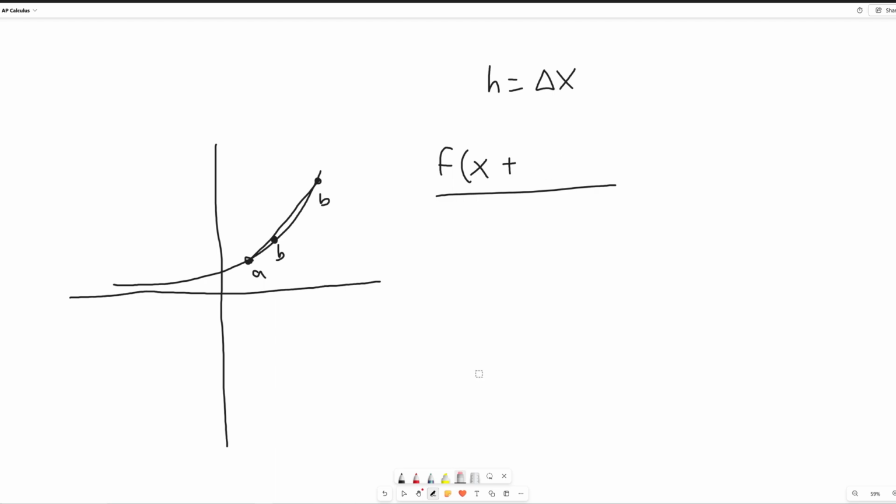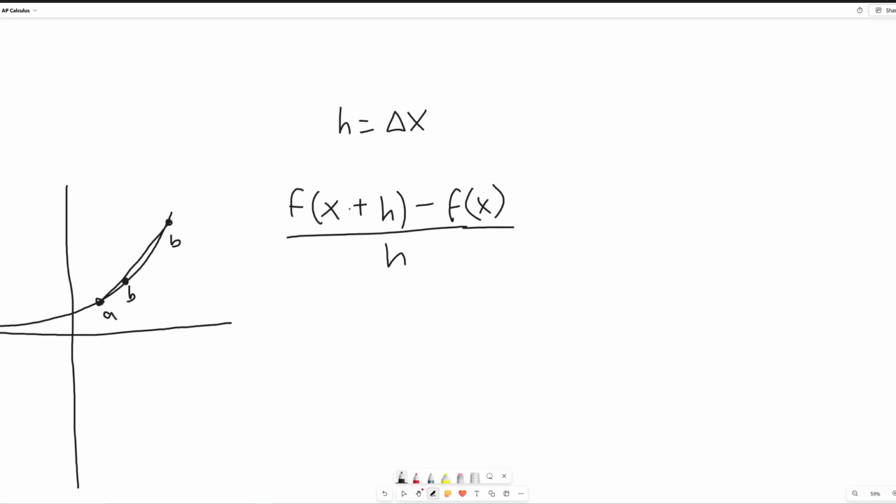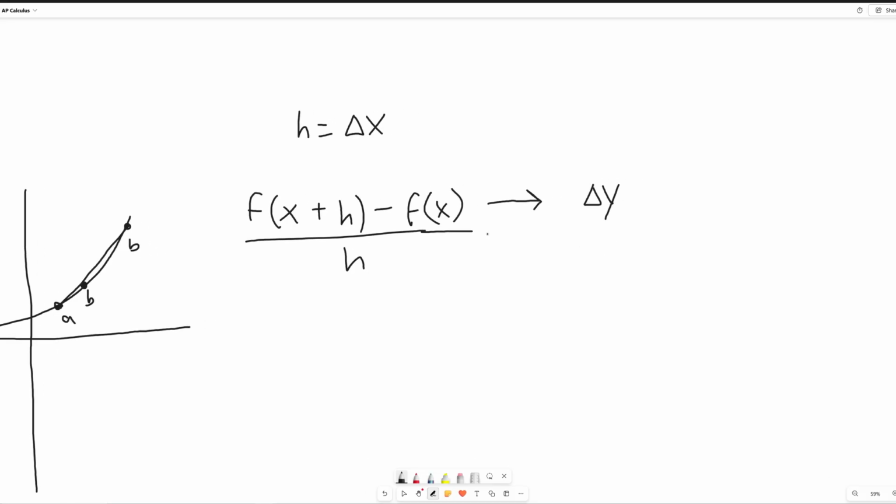So we're going to say f of x plus h minus f of x, which makes sense because we're taking the point of f of x, whatever number it is, and then we're adding the change in x between that point and the new point. And then you just divide it by the change in x. So this right here is the change in y, because it's y2 minus y1. And then the bottom is just the change in x.